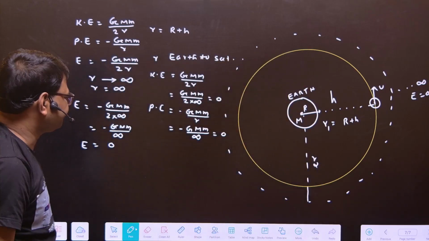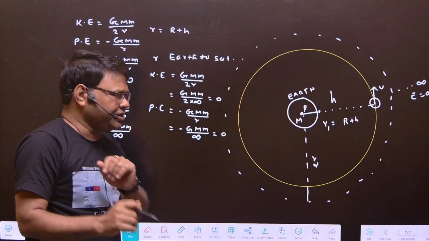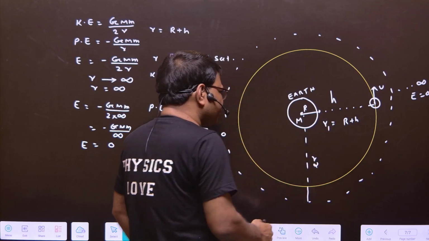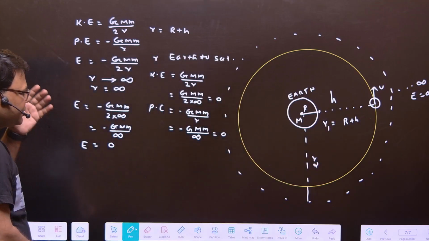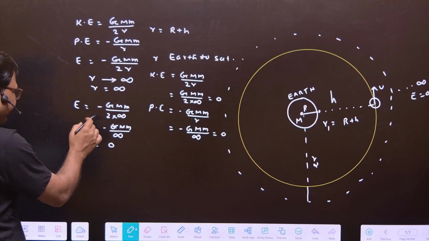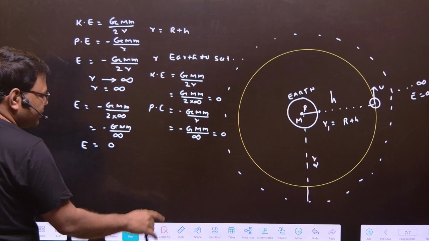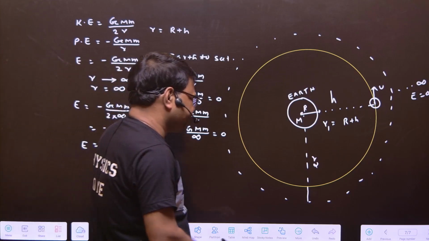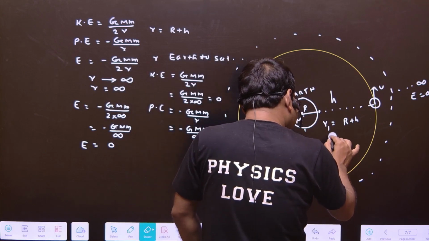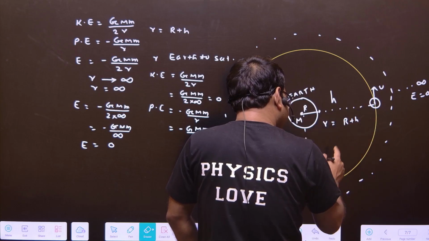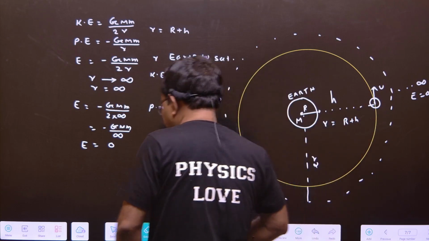Am I clear? But now see here. The initial energy of the satellite, the total energy for the orbit of radius r. The distance R was initially the radius of the orbit in which the satellite is revolving, R is equal to r plus h.